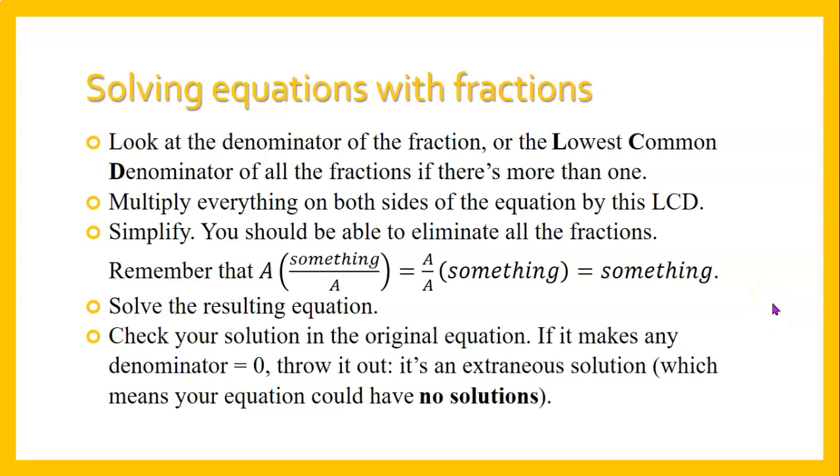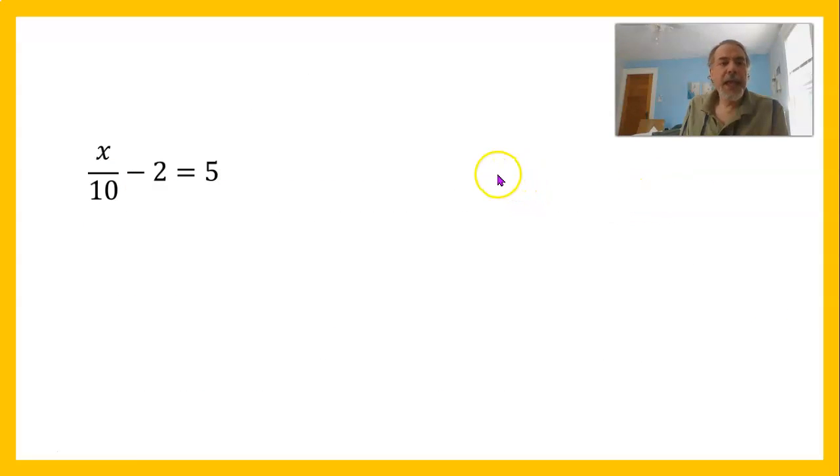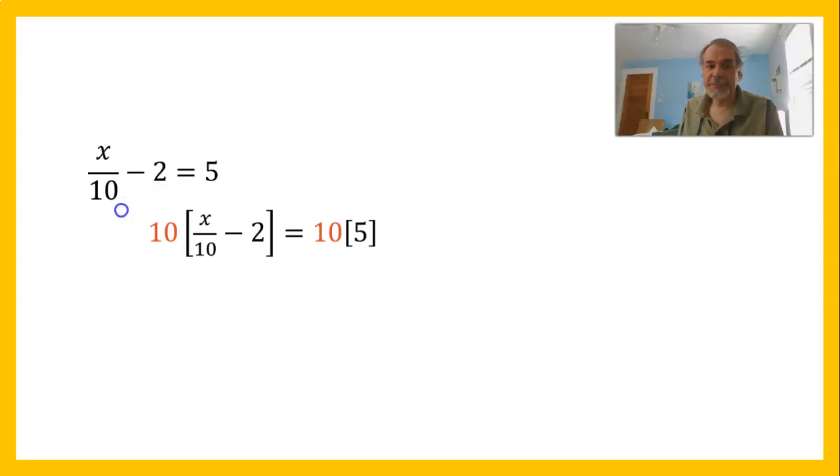So let's look at some examples. x over 10 minus 2 equals 5. I only see one fraction here, and the denominator of this fraction is 10. So let's just multiply both sides of this equation by 10. 10 times the left side equals 10 times the right side.